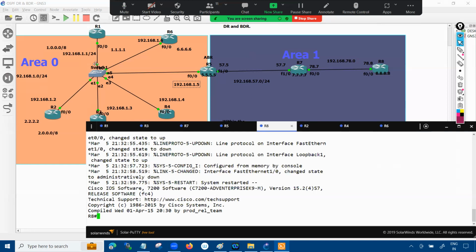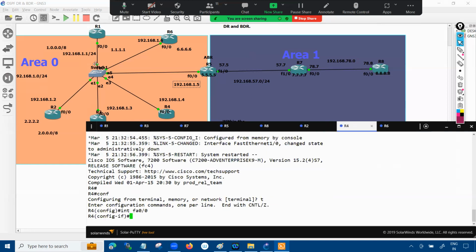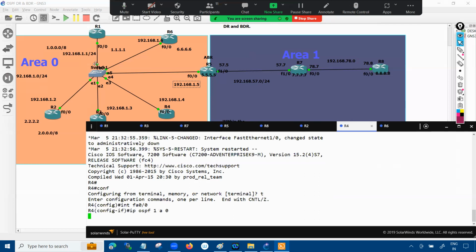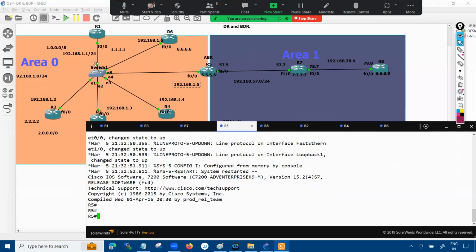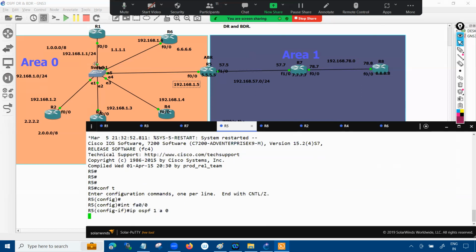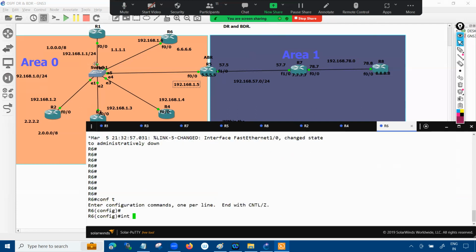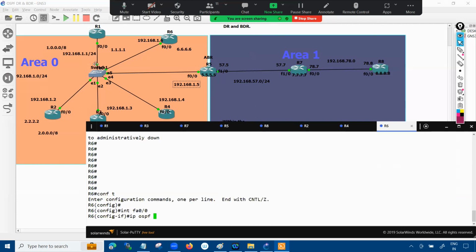R4 as well, interface 0/0 ip ospf 1 area 0. R5 as well, interface 0/0 ip ospf 1 area 0. Router 6 as well, interface 0/0 ip ospf 1 area 0.